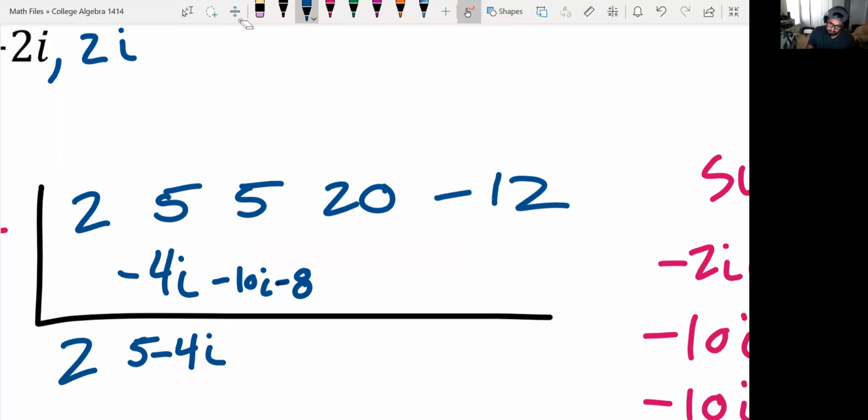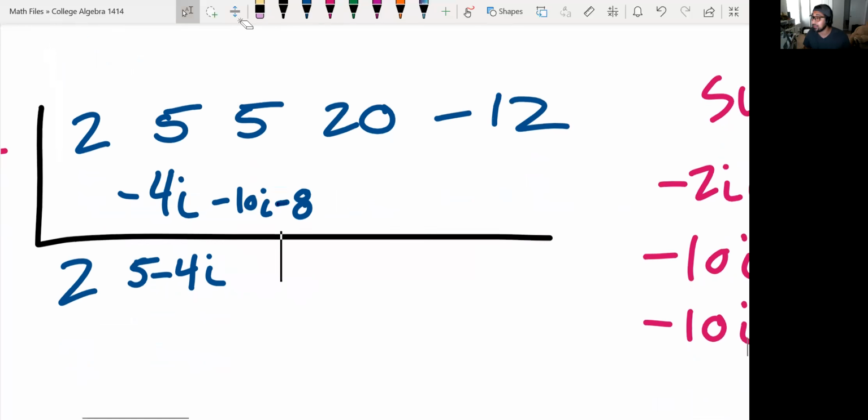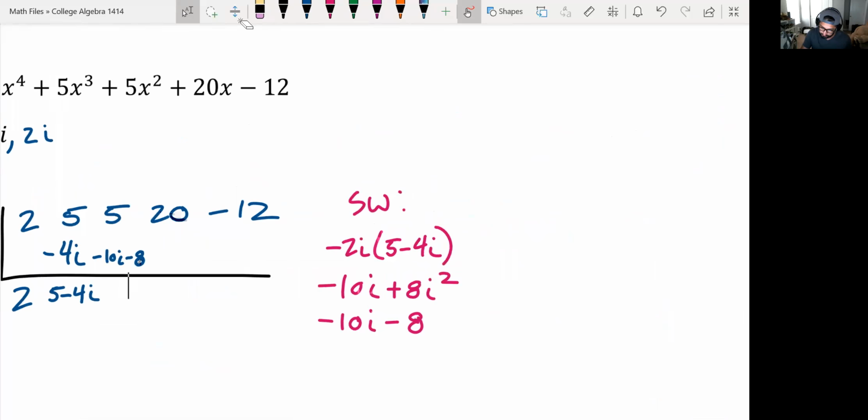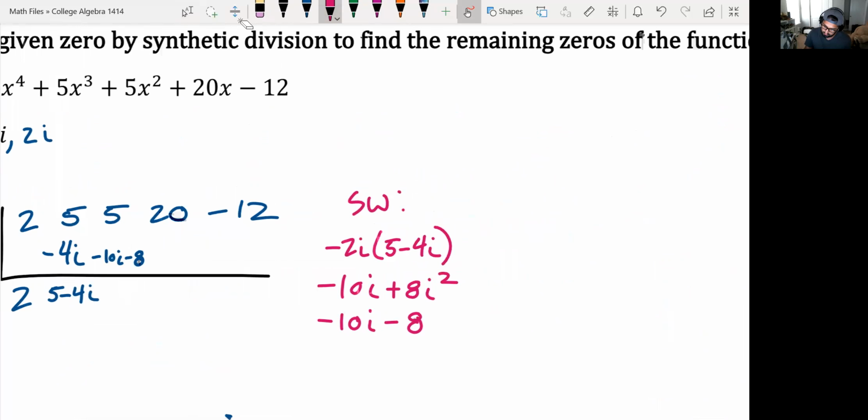Okay. And then add those together, which I said lots of side work, right? So now you have 5 plus negative 10i minus 8, which is just 5 minus 10i minus 8, which becomes, actually, let me write it that way.